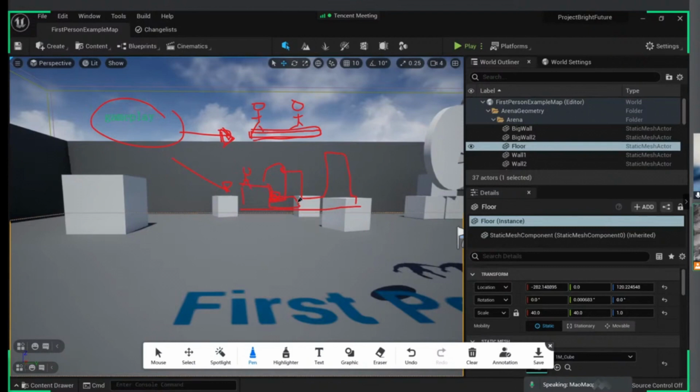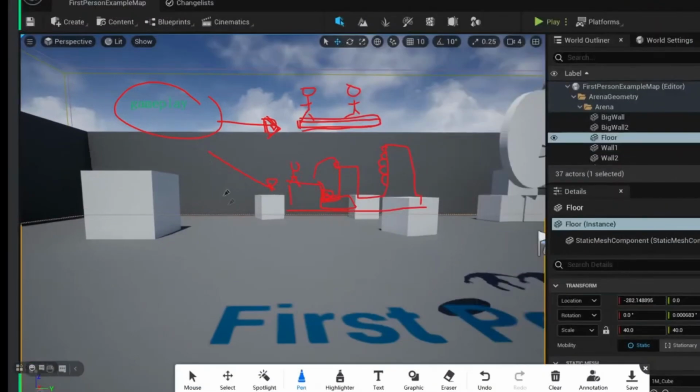For example, how high your platform is depends on the gameplay. If it's too short, then you can jump. If it's too long, maybe you cannot reach there. But if you're like Mega Man, you can jump like this, then your level design may support this kind of behavior. So it always depends on the gameplay.